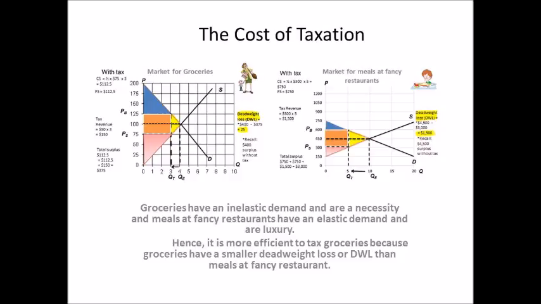So it turned out that the tax really depends on how large the DWL or deadweight loss is in these markets and the price elasticity. But the argument also lies within that people with low income could be hurt by taxing groceries because they spend more on their groceries. This type of tax could be called regressive.